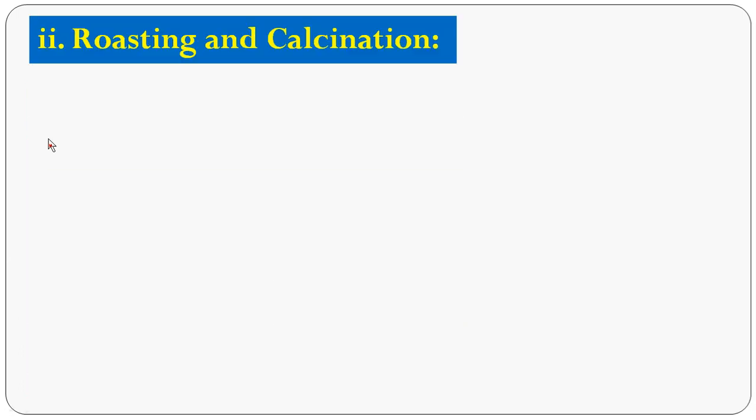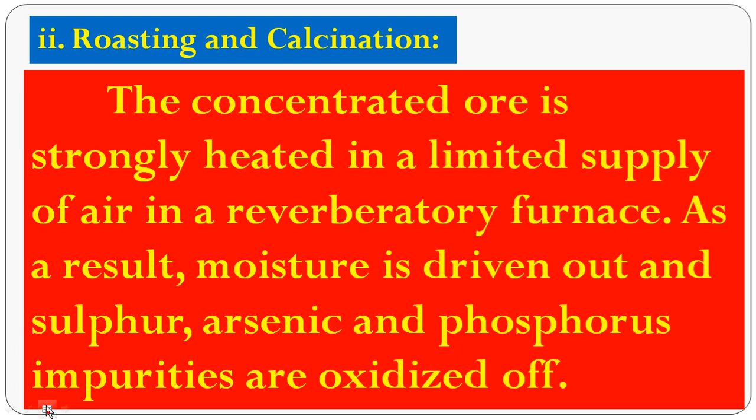Now come to the second step, roasting and calcination. Roasting means the ore is heated in the presence of air, and calcination means the ore is heated in the absence of air. Here the concentrated ore is strongly heated in a limited supply of air in a reverberatory furnace.